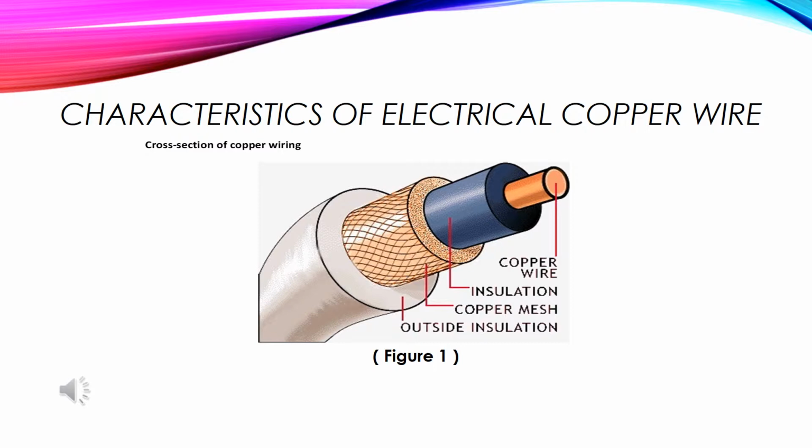Meanwhile, the insulation serves to prevent the electrical current from flowing to undesired places. In turn, this helps avoid short-circuiting or electrocution of the user. As stated before, copper wire has very high electrical conductivity and ductility, making it ideal for this application.